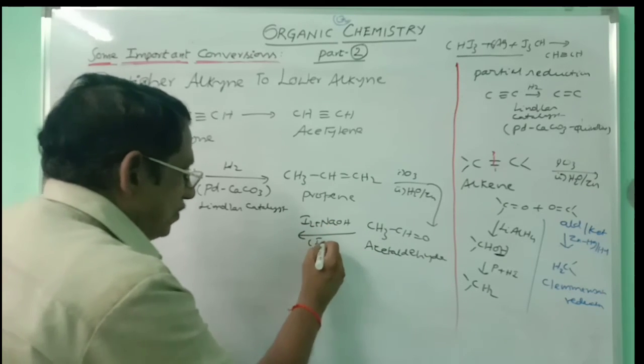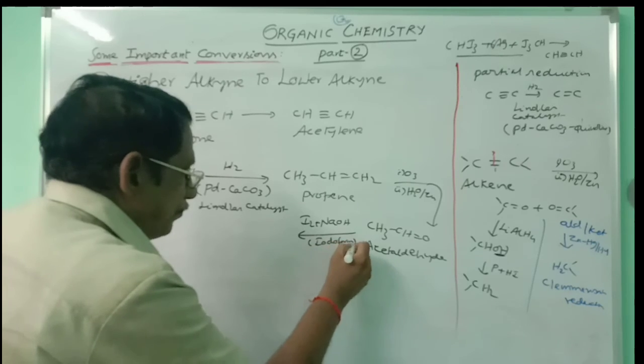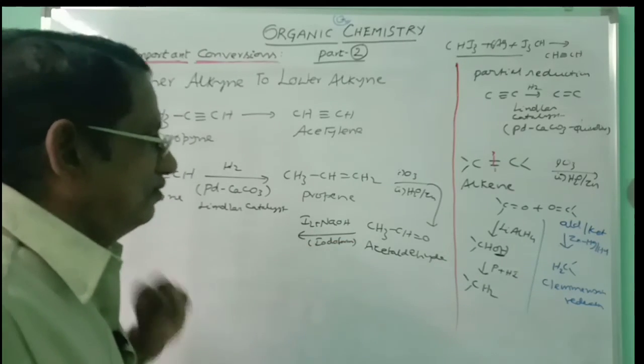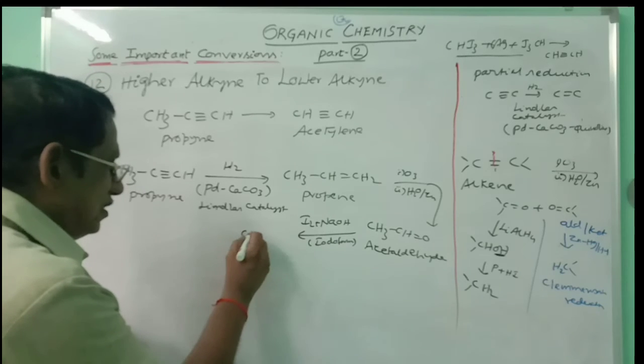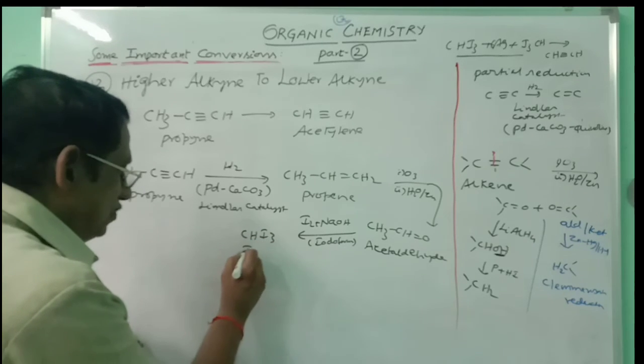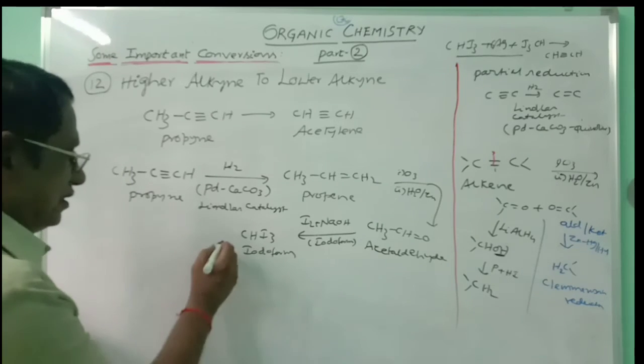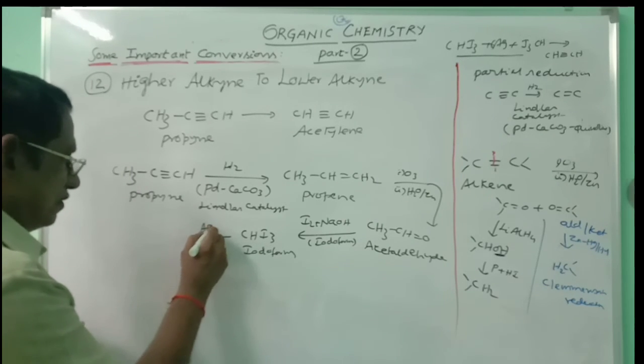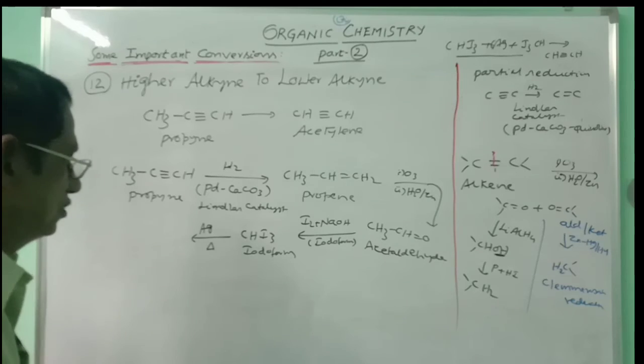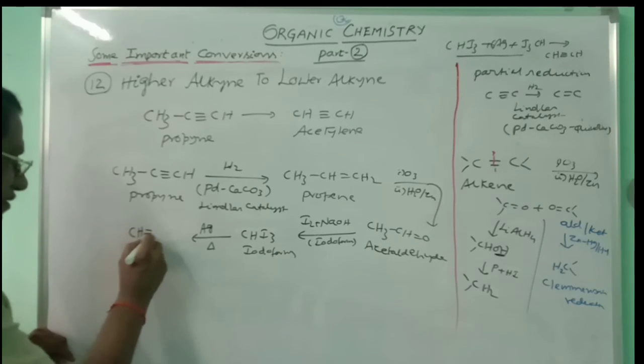This will be converted into iodoform. So what will you get here? CHI3. Iodoform is obtained. Later, this is heated with silver. Thereby, you will get acetylene directly.